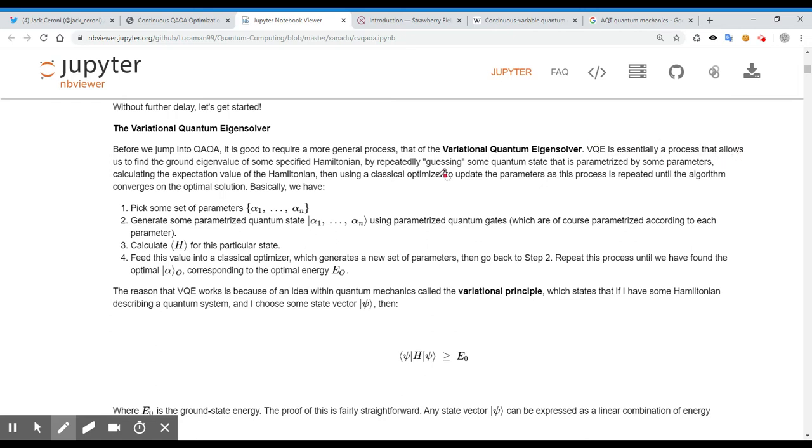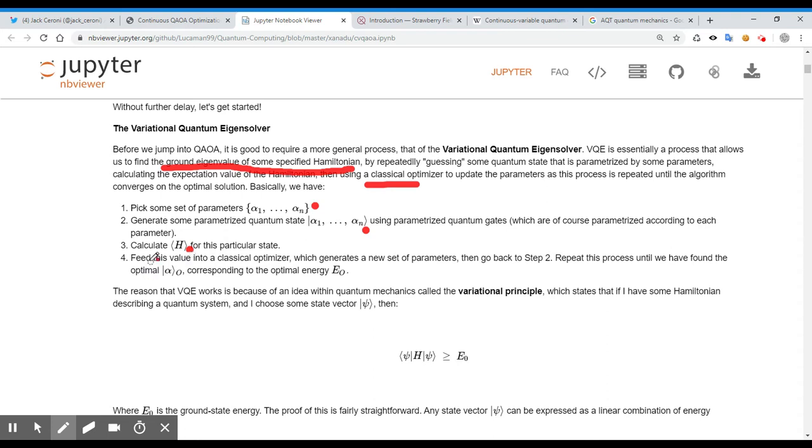VQE is essentially a process that allows us to find the ground eigenvalue of some specified Hamiltonian by repeatedly guessing some quantum state that is parameterized by some parameters, calculating the expectation value of the Hamiltonian, then using a classical optimizer to update the parameters as this process is repeated until the algorithm converges. So pick some set of parameters, generate some parameterized quantum state, that's your ansatz, I guess, using parameterized quantum gates, calculate this, which is the expectation value, I think, which is nothing else than the average, right?